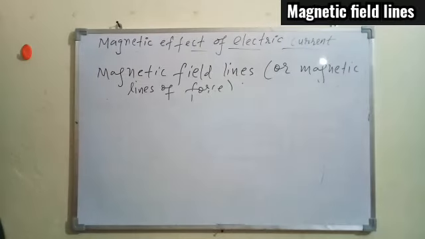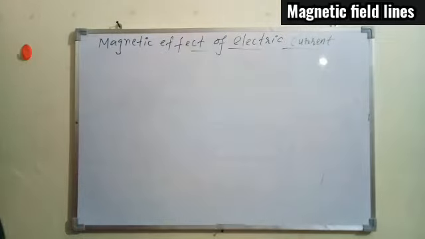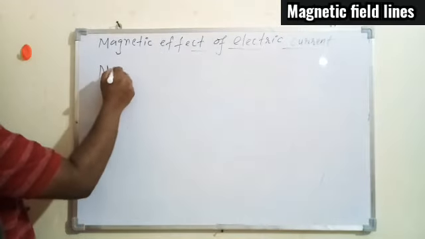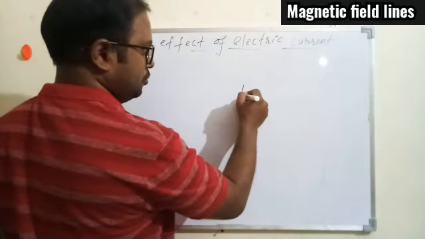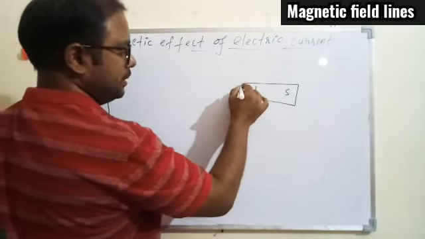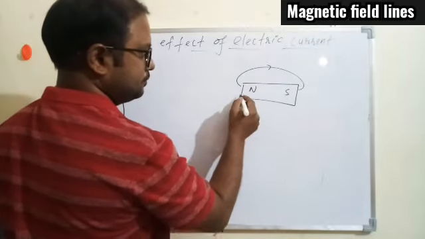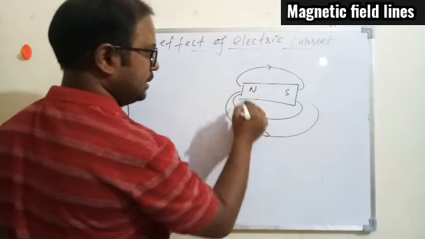So let's talk about some properties of magnetic field lines. Before we go for this, you should know, for a bar magnet, the magnetic field lines will be something like this that you have seen in the diagram. So in general it looks like this.